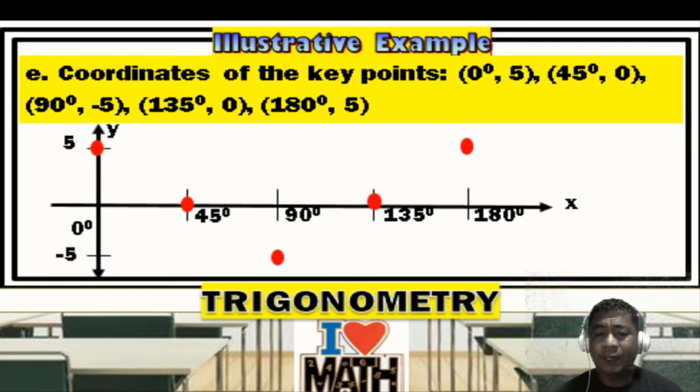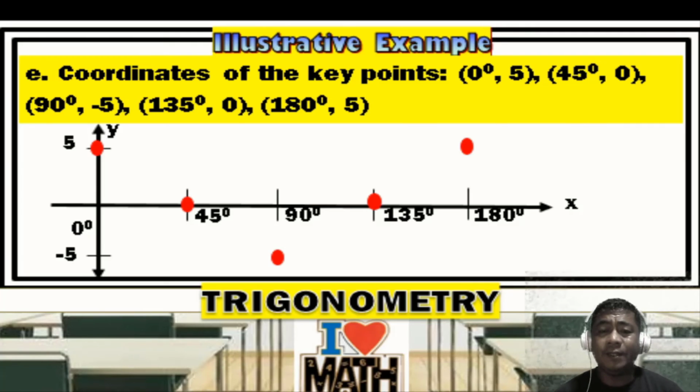And then we have 180 degrees times 2 is 360 degrees. Cosine of 360 degrees is 1, times 5 is simply 5. Then we go back to the maximum ordinate. Take note, the graph of a cosine function is also a smooth curve, just like the graph of the sine function.